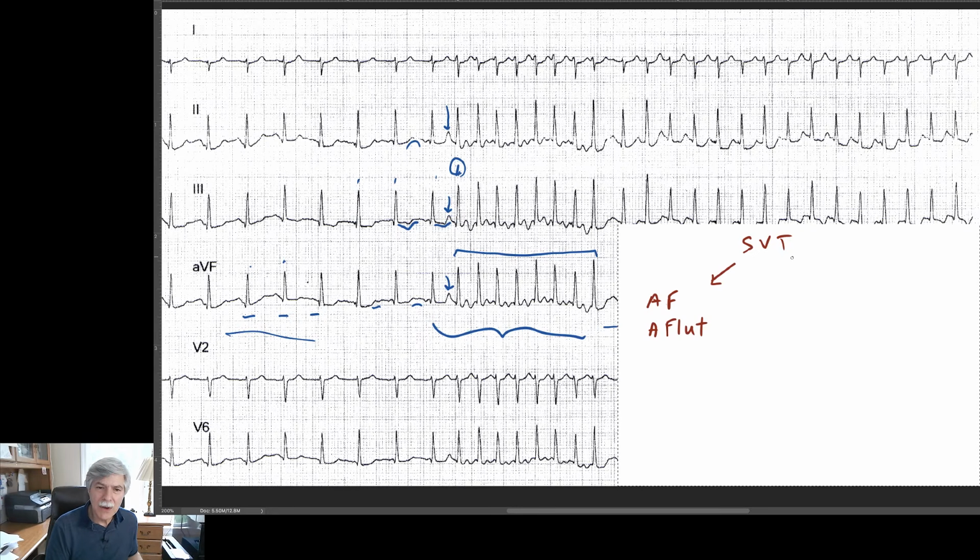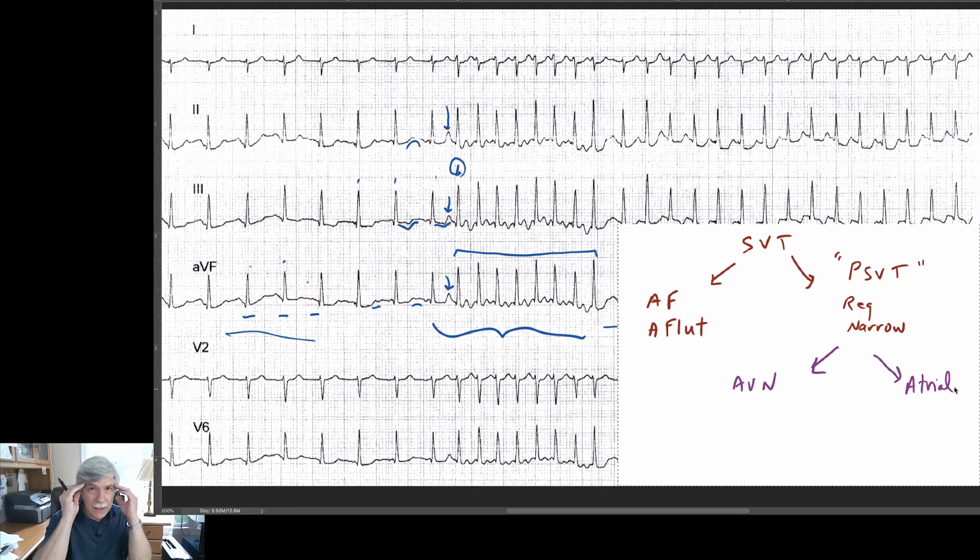But what we're really talking about is a kind of paroxysmal supraventricular tachycardia that is regular and narrow. And the most important thing is to classify this into the AV nodal dependent or the atrial arrhythmias, where the AV node is not participating in the circuit.